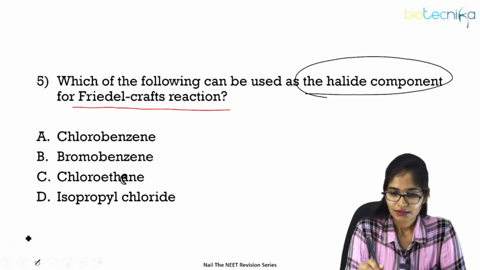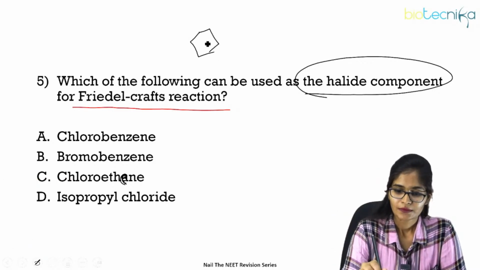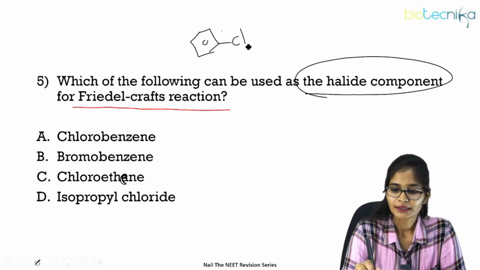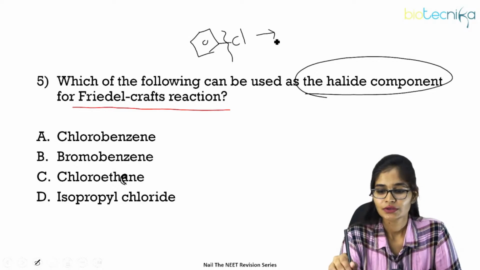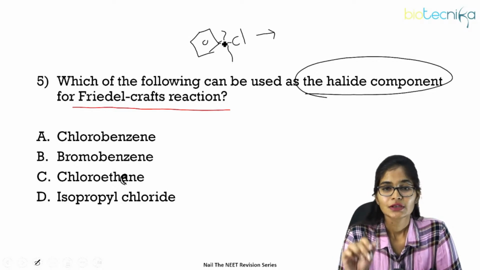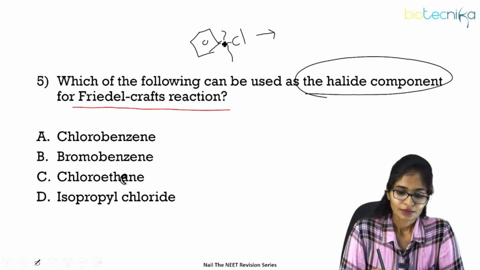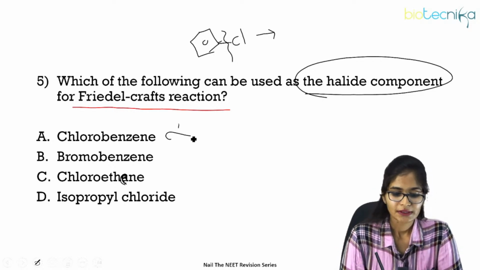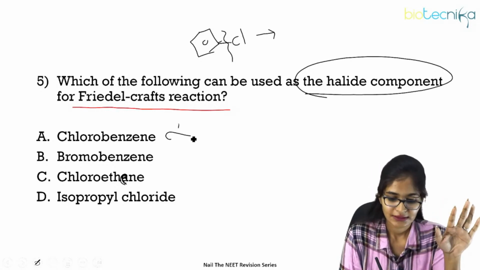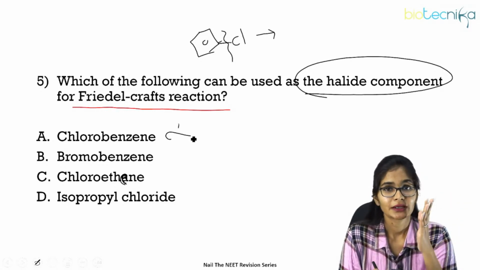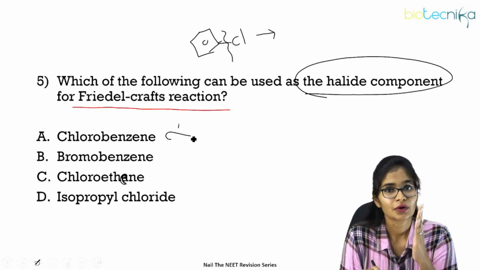So if you consider chlorobenzene, breaking this bond is very difficult, because even if you break the bond, the carbocation you are generating here is not stable, right? So chlorobenzene is also not possible. In case of bromobenzene, you are just substituting chlorine by bromine, and the reason is one and the same. Breaking the carbon-halogen bond is difficult.